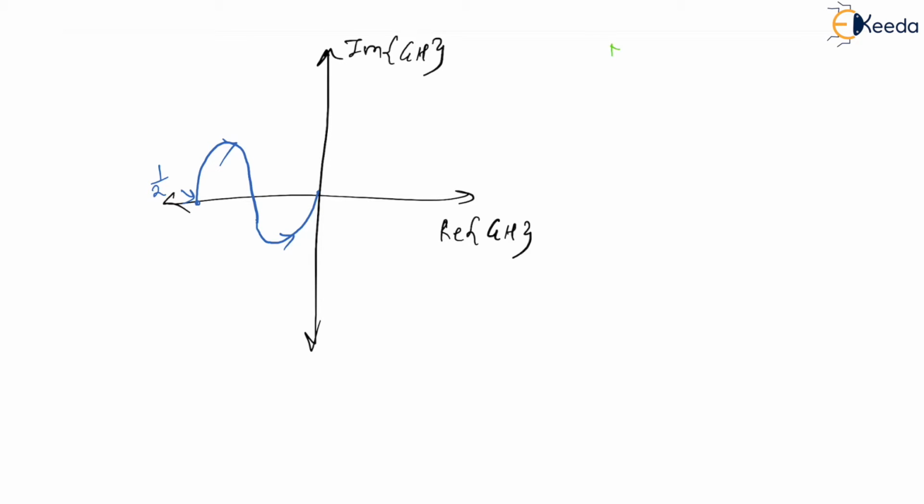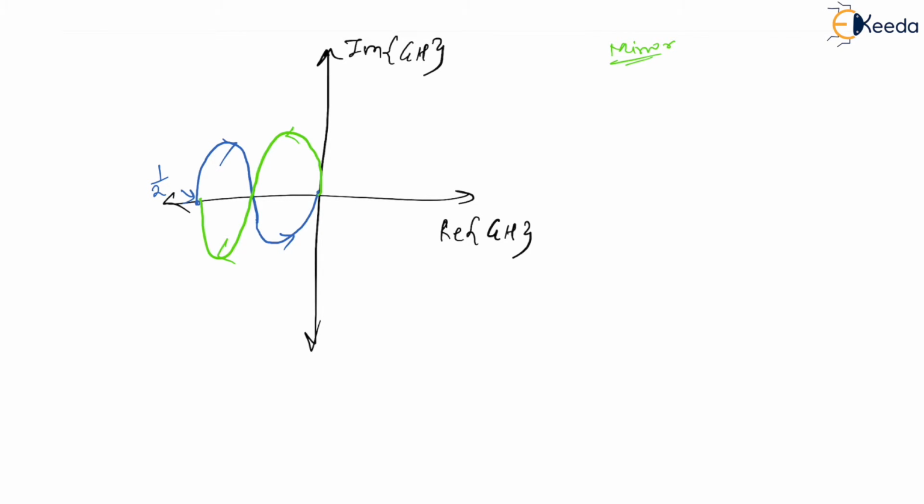Step 2 was what? Step 2 was to plot the mirror image, right? If you see, how is that mirror image? Because it has to be continuous as well, this is going to be the mirror image, right? And the third step is what? Semicircles, infinite radius semicircles.